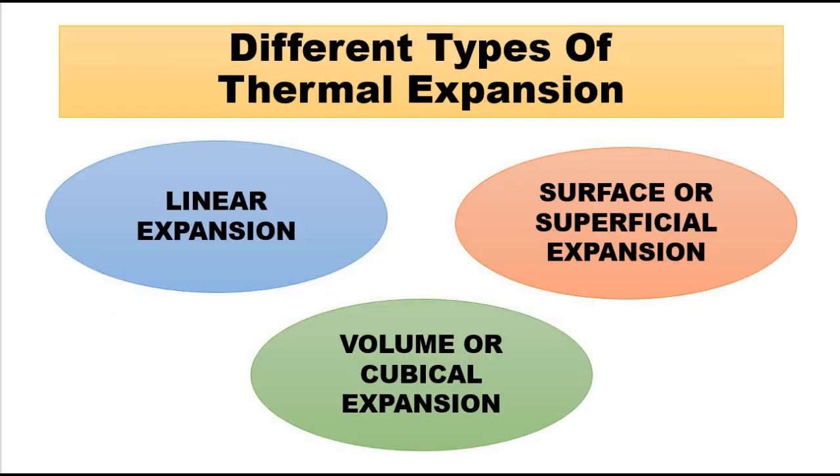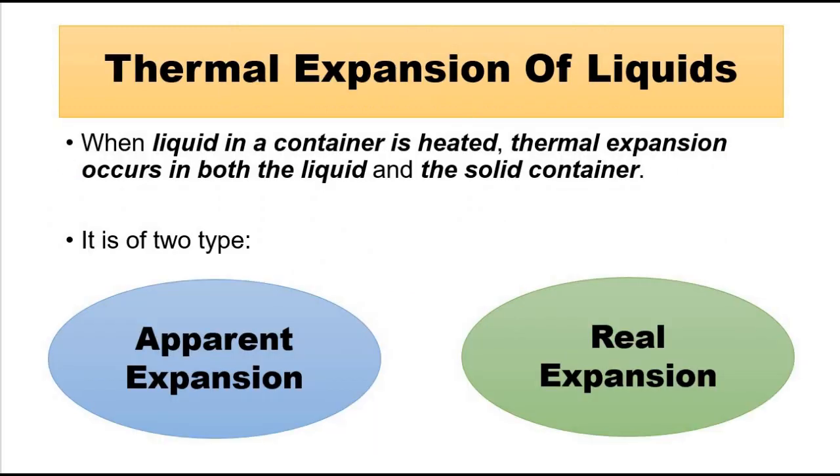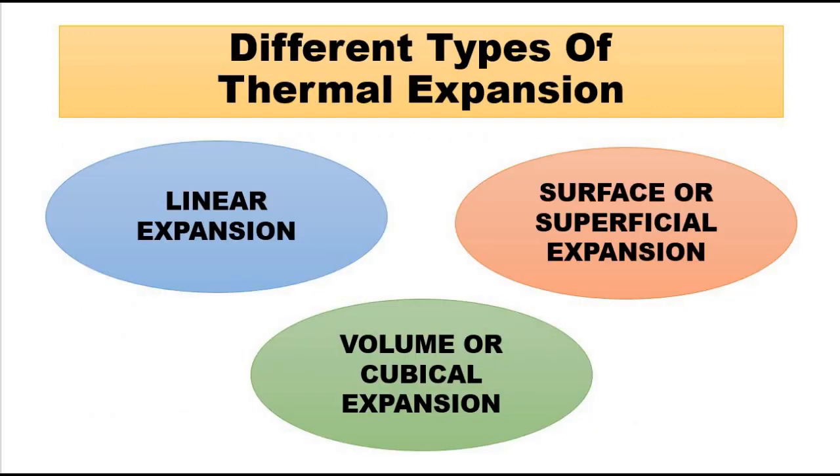So we have discussed thermal expansion of solids, where we discussed linear expansion, surface expansion and volume expansion. Now we'll discuss thermal expansion of liquids. Basically, in case of liquids and gases, we'll mostly be dealing with volumetric expansion or cubical expansion.